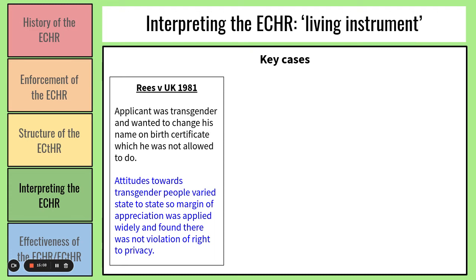He argued that this was a breach of his right to privacy. The court held that attitudes towards transgender people varied from state to state, so the margin of appreciation was applied widely. It gave the discretion to the UK to say, you do what you think is best for your country in this situation, and therefore found no violation of the right to privacy.